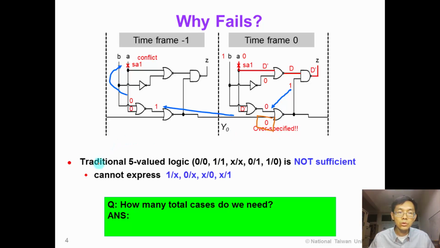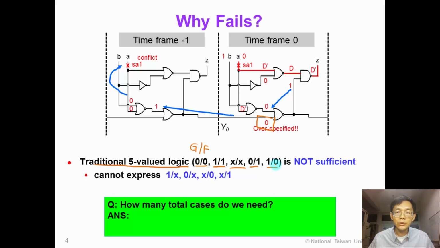This is because traditional 5-value logic can only express 5 different logic states, which is 0/0, which means that the good circuit is 0 and the faulty circuit is 0, 1/1, X/X, 0/1, and 1/0.